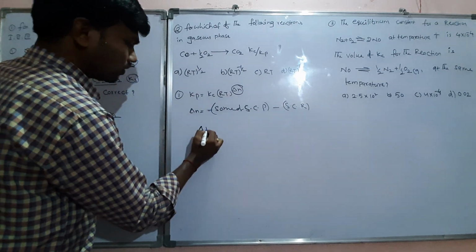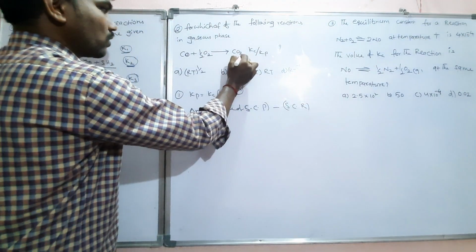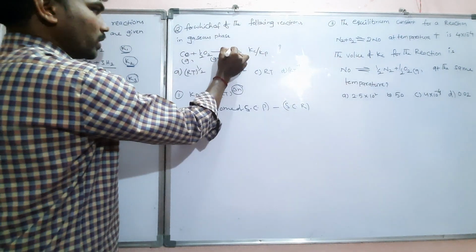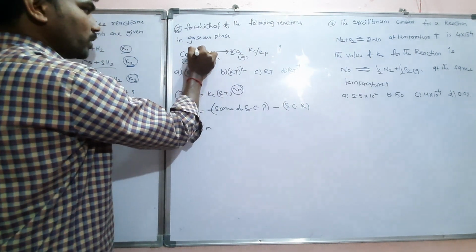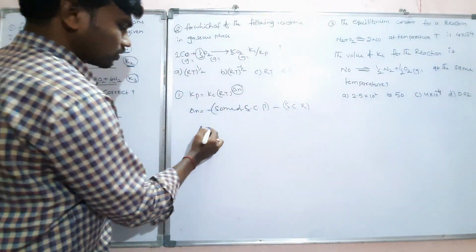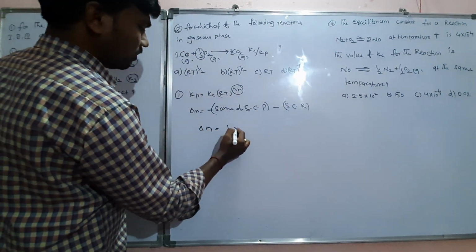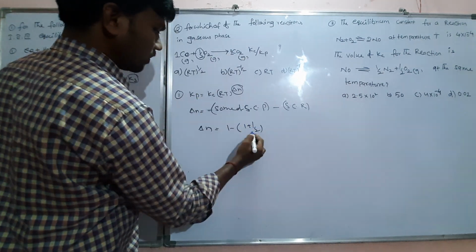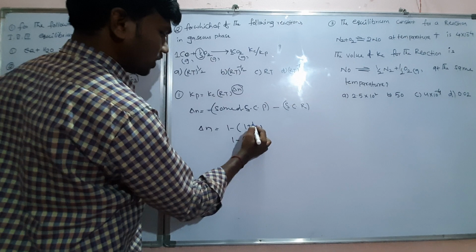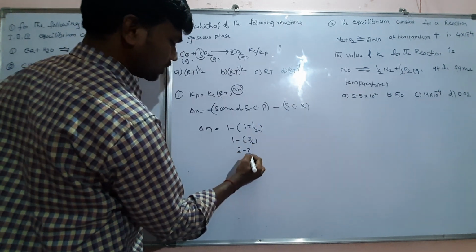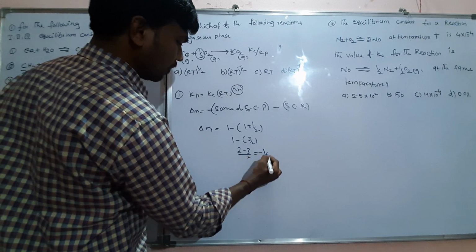According to this equation, all are present in the gaseous phase only. Here the stoichiometric coefficient of CO is 1, of O2 is half, and of CO2 is 1, right? So delta n is equal to 1 minus (1 plus 1 by 2), so 1 minus 3 by 2, which is equal to minus 1 by 2.